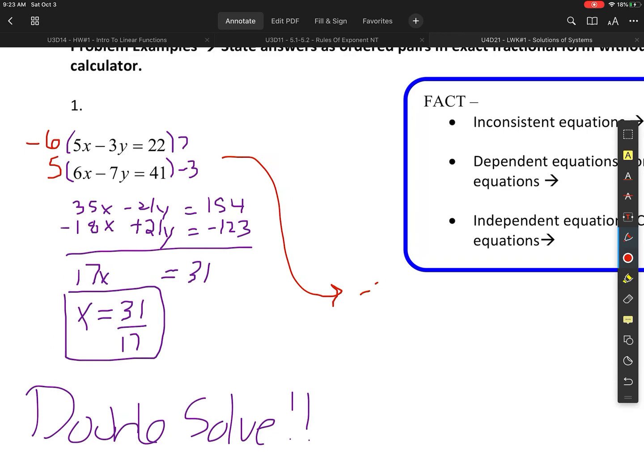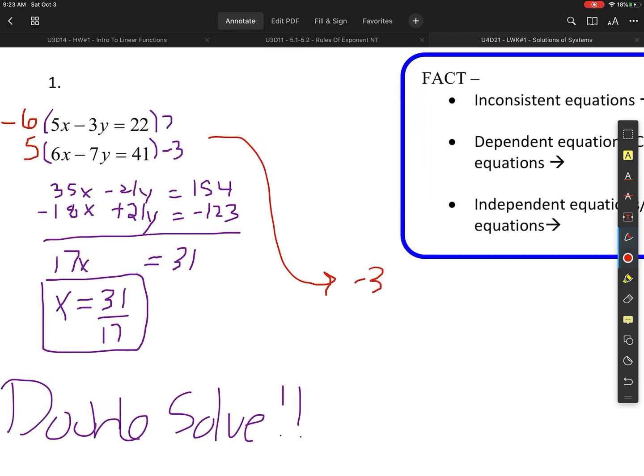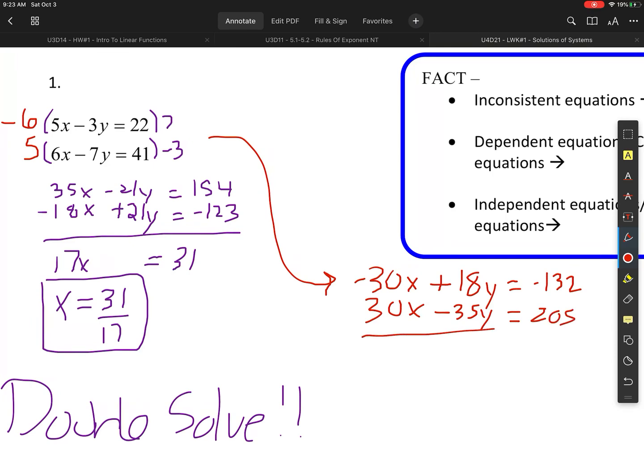So I'm going to get -30x plus 18y equals -132, over 30x minus 35y equals 205, which gives me -17y equals 73, y equals -73 over 17.